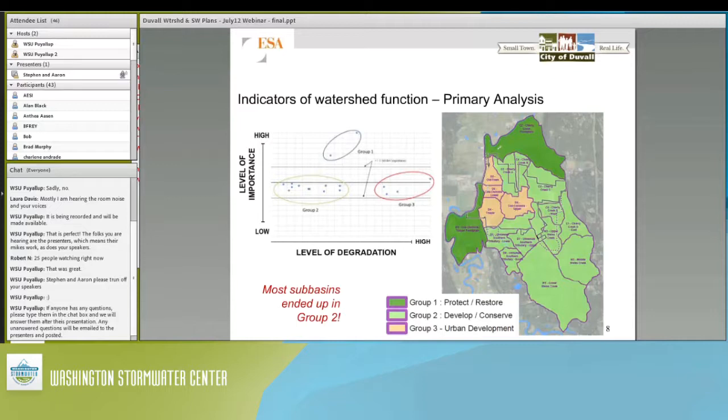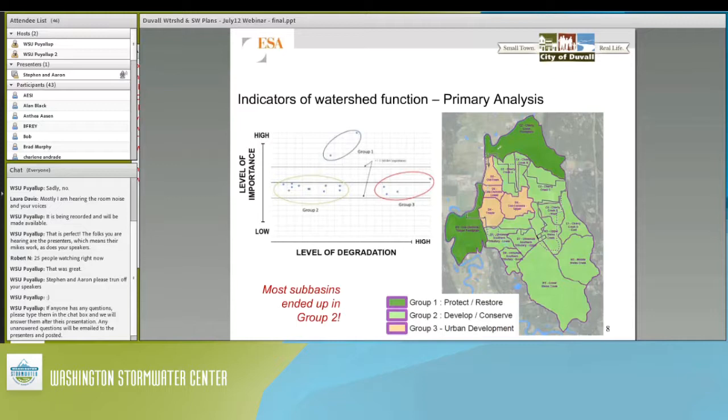Instead of binning each of the subbasin results into one of four specific categories like you saw in the management matrix earlier, we looked at the quantitative results that came back for level of importance and level of degradation for each of those 17 subbasins and plotted them to see the pattern and the groupings that were established. You'll see that there were three primary groups that we identified.